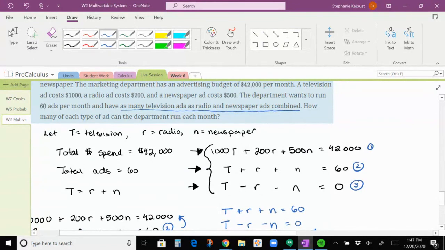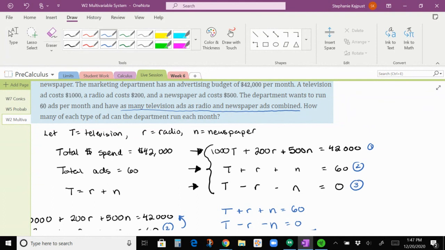So I'd always double check at the end to make sure that what you have matches that. So radio and newspaper ads, that was 20 and 10, so that gives us 30. That's the same number as television ads, so that works out there. And then 30 plus 20 plus 10 gives us 60. And then you can just check it in your last equation and make sure that everything comes out to 42,000 per month.